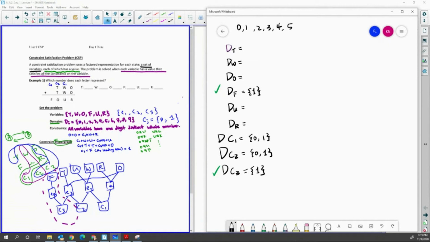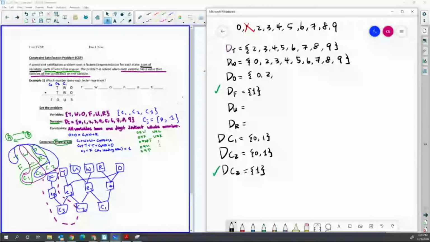That means if 1 is already chosen, other variables cannot use 1. So for each of the other ones, I can have all the rest of them, but T is leading, so T cannot have 0. So 2, 3, 4, 5, 6, 7, 8, 9 are candidates. For the W, 0, 2, 3, 4, 5, 6, 7, 8, 9.